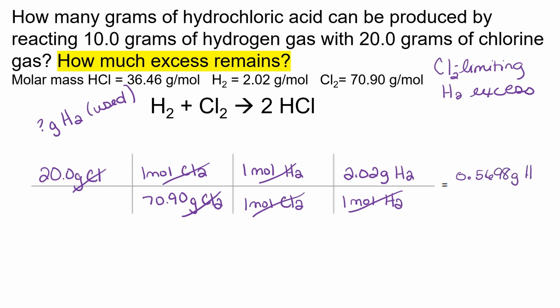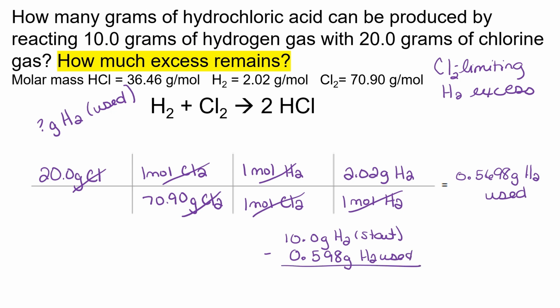grams of hydrogen used. I want to know how much remains, so I need to start with the 10 grams of hydrogen, and this is our starting value. I need to subtract the 0.5698 grams of hydrogen used, and then this is going to tell me that I have 9.43018 grams of hydrogen remaining.